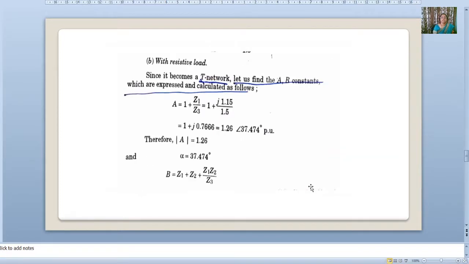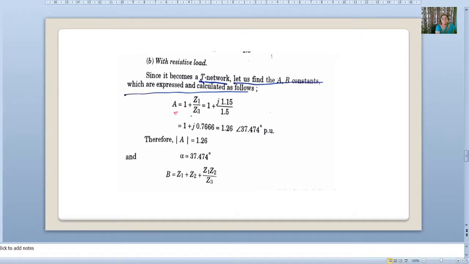1.154. Okay, now with resistive load, since it becomes a T network, let us find the ABCD constants, which are expressed and calculated as follows. So A we need to calculate in this case. As resistance is there, the system has losses, because the resistance is connected in shunt, in the middle of the transmission line.